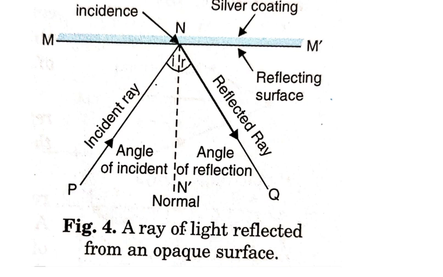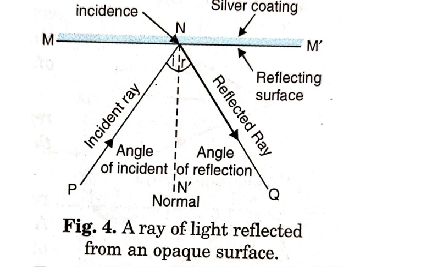Most of the light is reflected by this silver coating, because it is a shiny coating. So a reflection of light occurs, and after reflection, it is called the reflected ray.